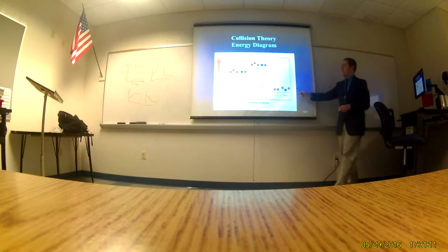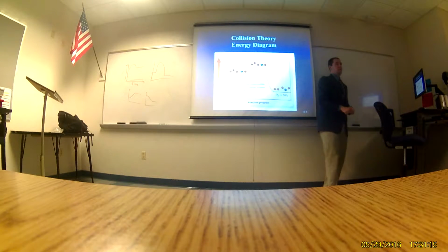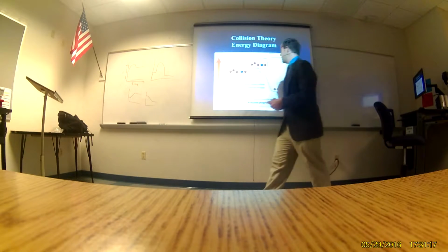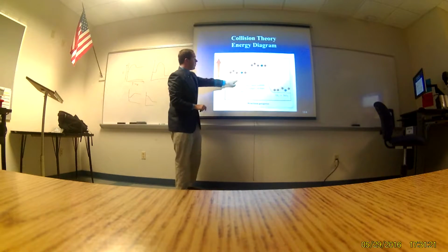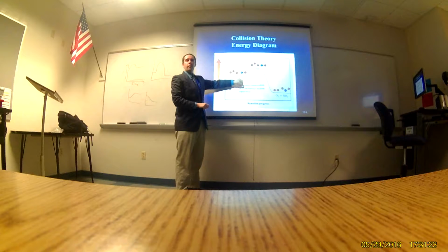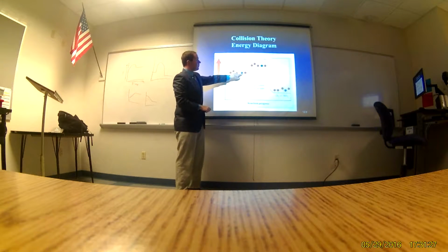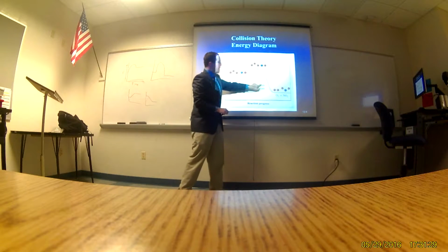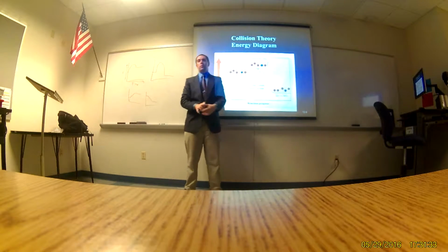So this is the same exact type of a graph, but with a reaction. So here we have ozone. Ozone is O3. It's going to react with NO. So here we have ozone and NO. In the end, it's going to give us O2 and NO2.